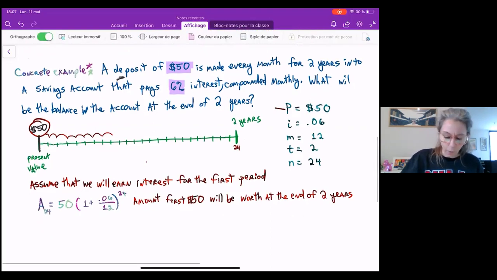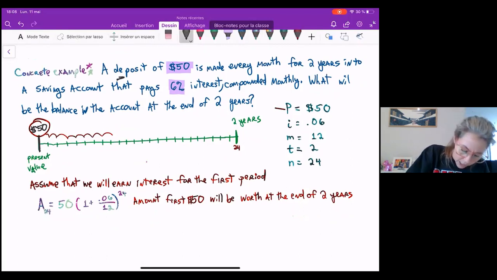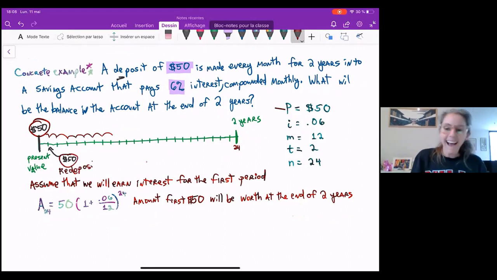Now, let's say, what about this $50? I know that I am redepositing $50 here. So then how much will that $50 be worth at the end of this 2 years?